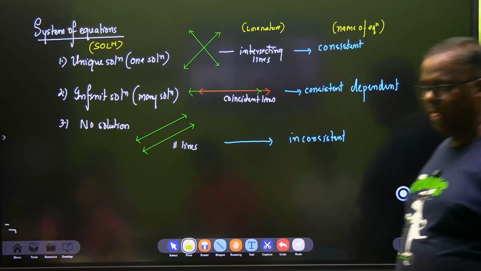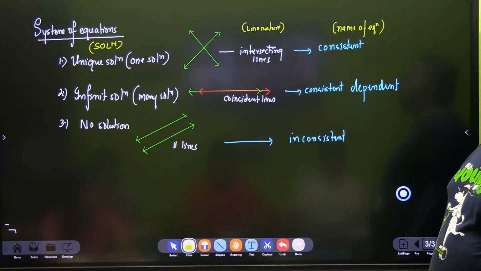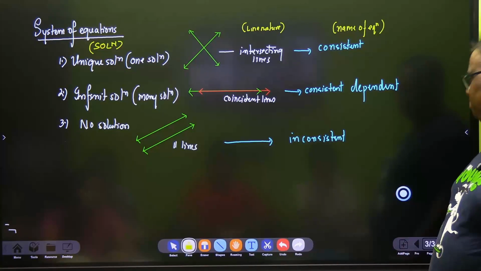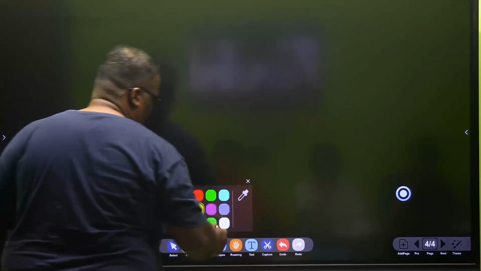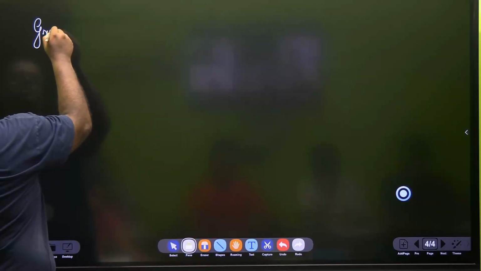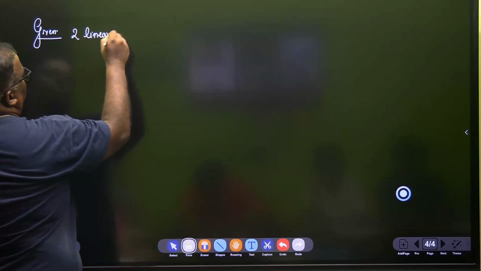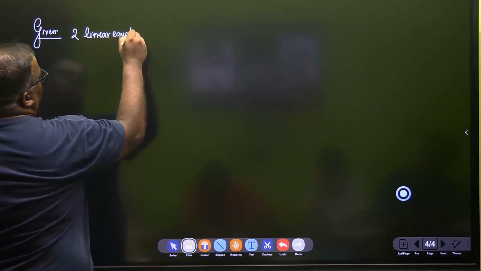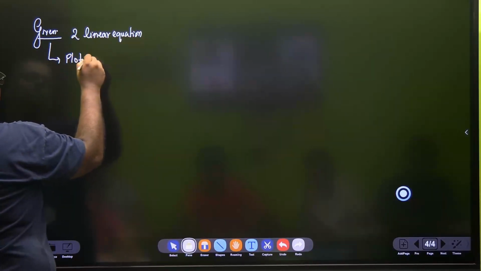Is this understood? So our job is first what? To understand and know the graphical solution, right? So let's go to the thing. So we will be given two linear equations, and we have to plot two graphs.